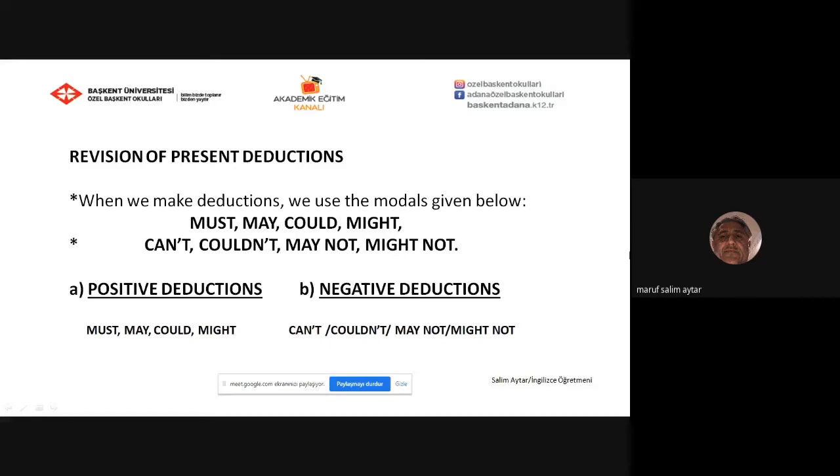When we make deductions, we use the modals given below like must, may, could, might, can't, couldn't, may not, and might not. So when we make positive deductions, we use must, may, could, and might. In negative deductions, we use can't, couldn't, may not, might not.